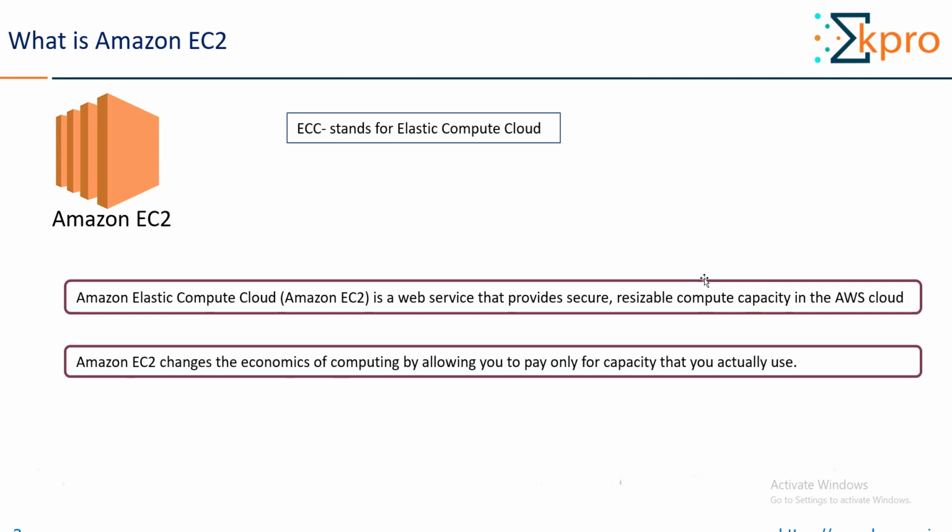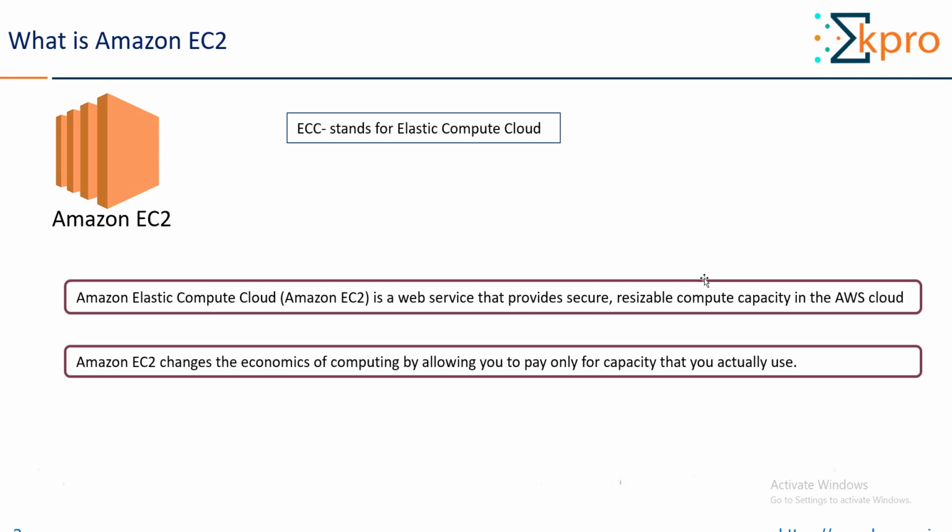Now the second point is very important. Amazon EC2 changed the economics of computing by allowing you to pay only for the capacity that you actually use. As I told, in on-premises you have to provision the server, then the server will be deployed in the data center, then you have to pay for that.